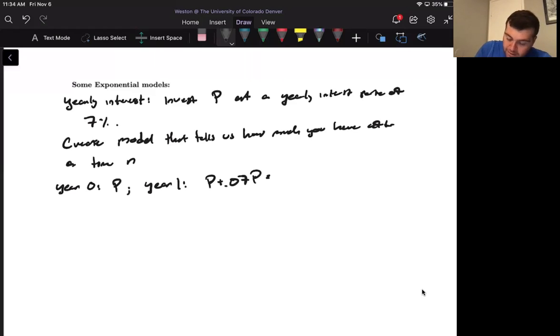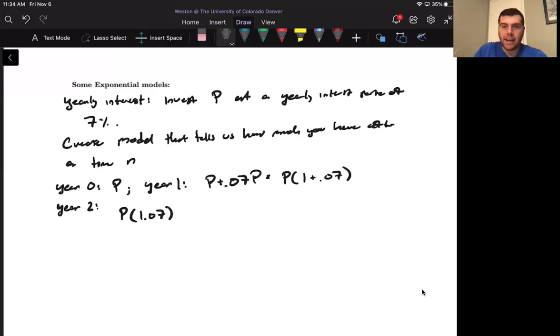And so we can factor out the P. We've gained 0.07 times P amount. Year 2, then our investment on year 2 is P times 1.07.